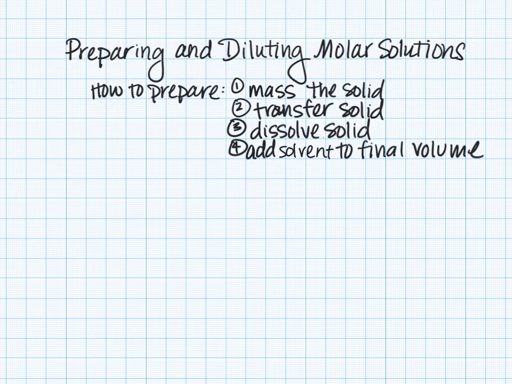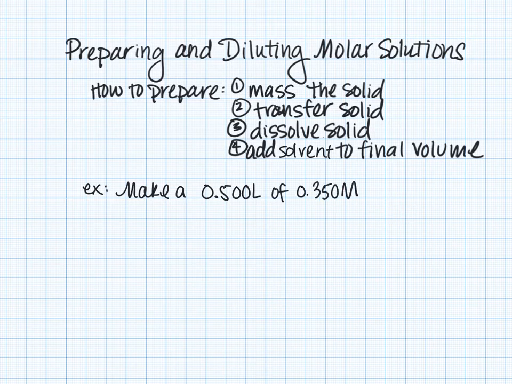Okay, so let's say you want to make 0.500 liter of 0.350 molar concentration nickel nitrate, actually nickel nitrate hexahydrate.